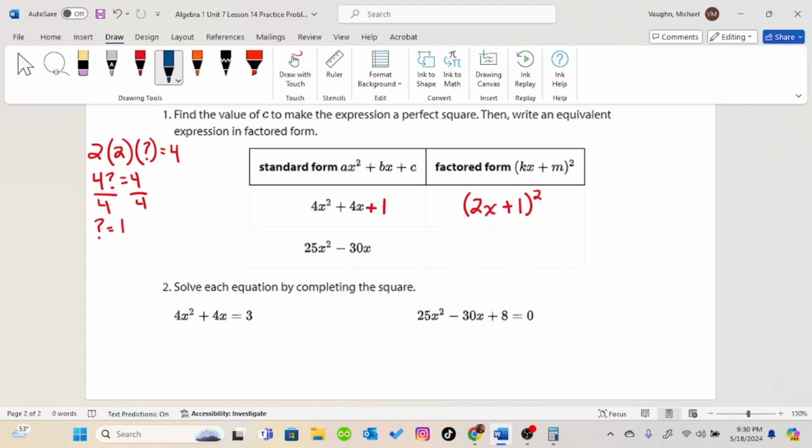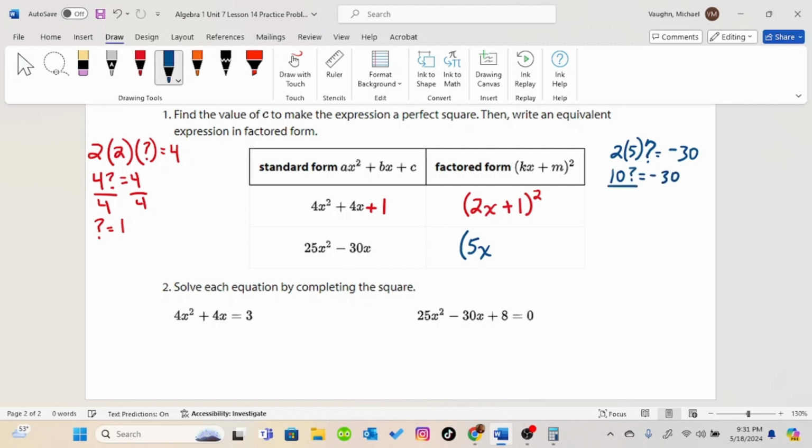On the next one, I know that the square root of 25x squared is 5x. I know that I'm going to multiply 2 times 5 times something to get my b term, which is negative 30. 2 times 5 is 10.